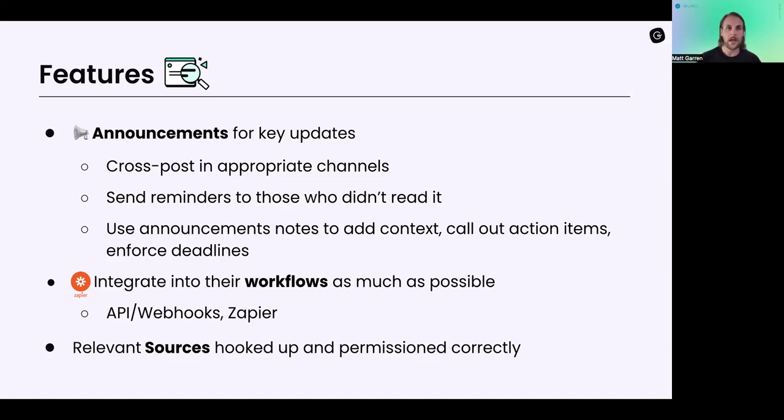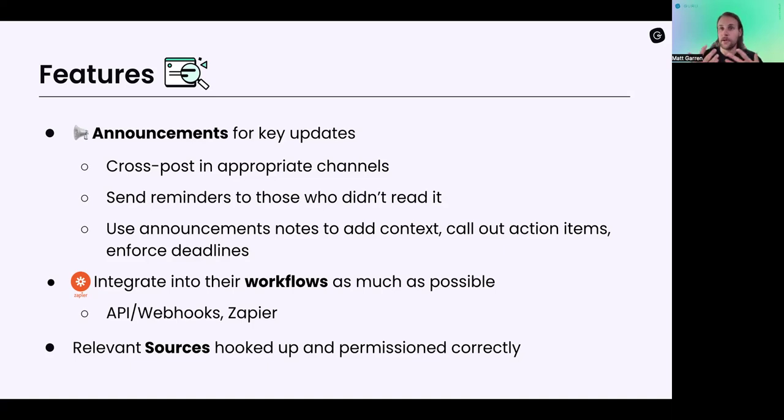So with announcements, especially if you're just starting to use them, or trying to get more trust in them, just sending out an announcement from Guru is great, but the more you can raise awareness of it by cross-posting it in other Slack channels and team channels, and things like that, the more it's going to help. You can communicate extra context around the announcement in those channels as well.